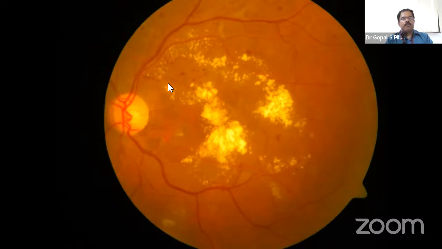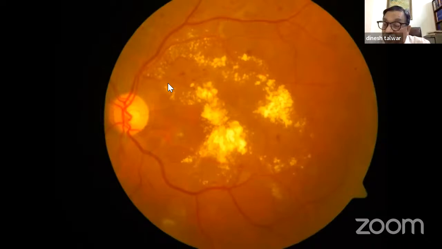Yeah. So actually the ETDRS had a very ambiguous conclusion. They left it to the ophthalmologists, saying you must not wait once you have high risk PDR, but you may do it if it is very severe NPDR, if the patient cannot come for follow-up.